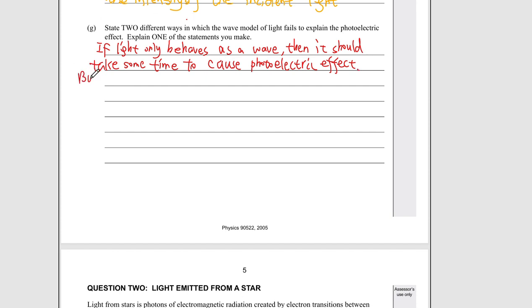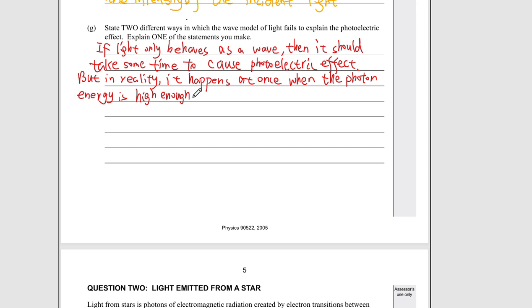But in reality, it happens at once when the photon energy is high enough, high enough of knocking the electrons from the metal.